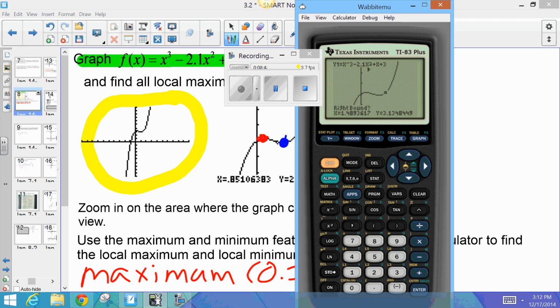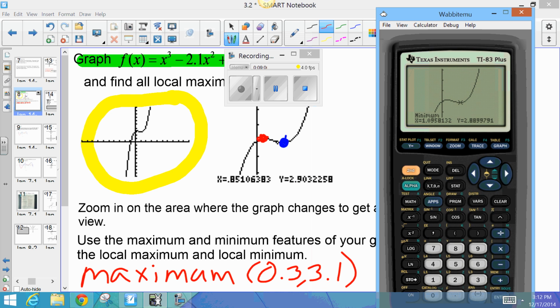So this is definitely to the right. I'm going to press enter, and then it will ask me to guess. So I'm going to move my cursor to what I think is the minimum and press enter. It thinks for a second, and then it gives you the coordinates of that minimum.